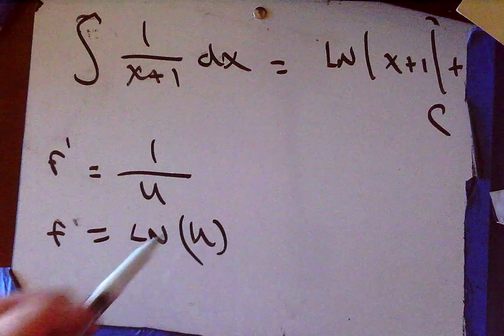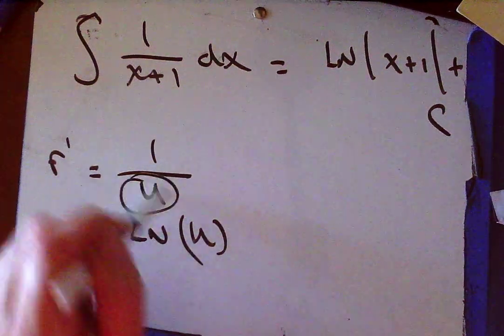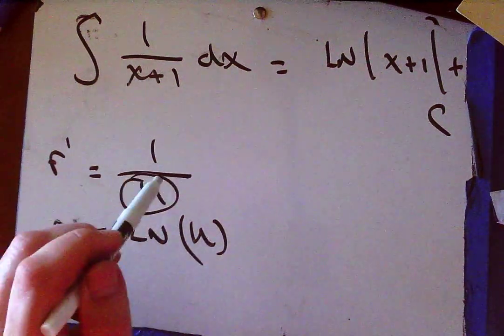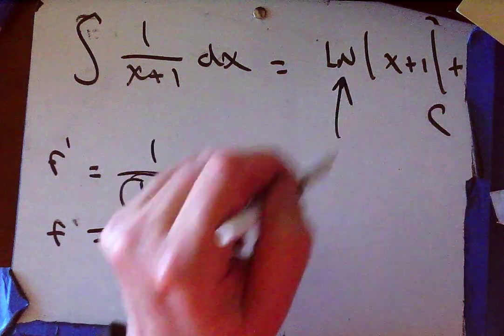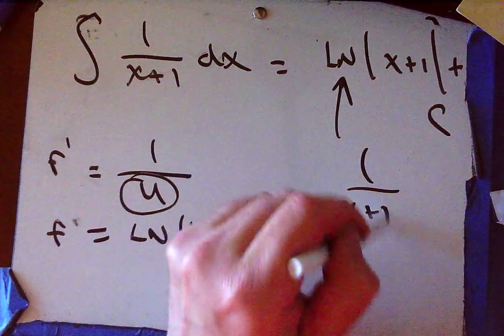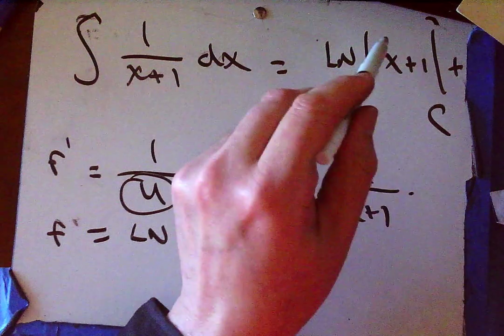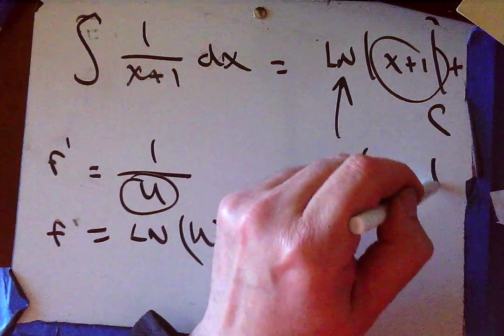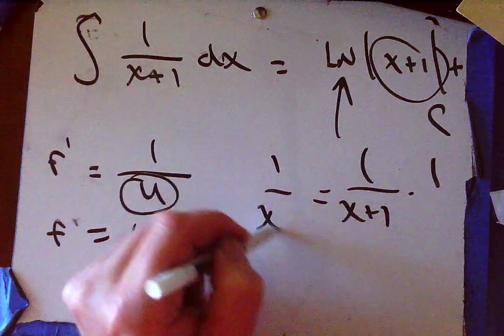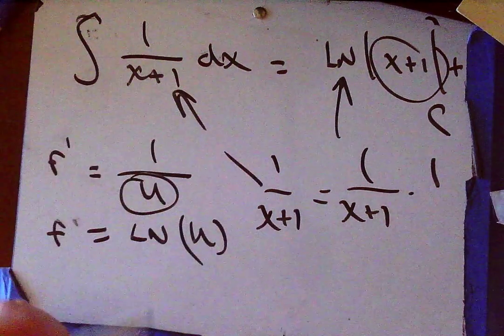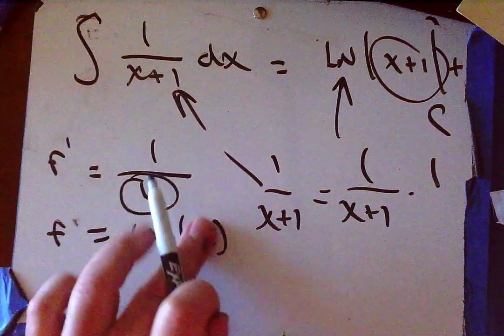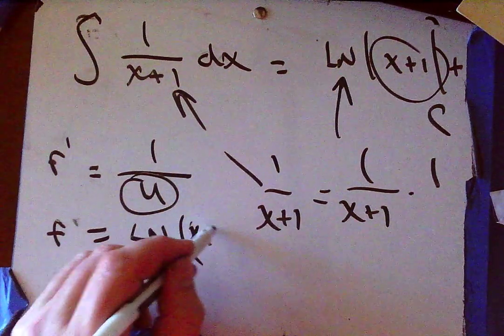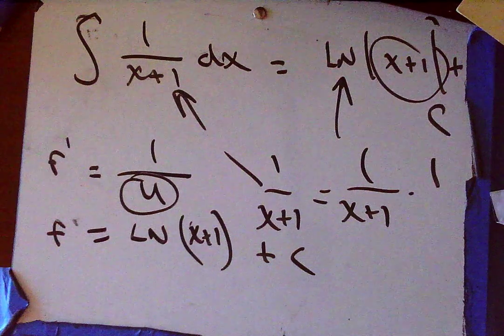Of course, this would be problematic if there was something in here whose derivative was other than 1. So when I look here, I think, okay, I'll take the derivative of the outside function, leave the inside alone, and now come back and take the derivative of the inside. Oh, well, that's great. That's exactly what I have here. And that came from ln of the absolute value of x plus 1, plus c.